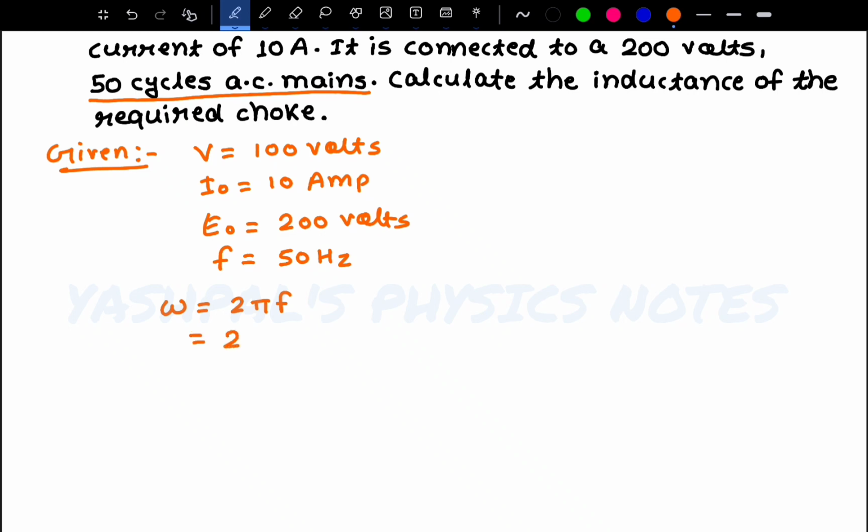So omega is equal to 2 into pi, 3.14, into frequency f, 50. So 2 into 50 is 100 into 3.14. So omega is equal to 314 radian per second. So here we have found out the value of omega.